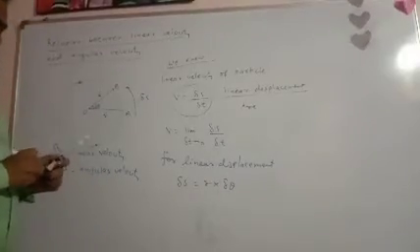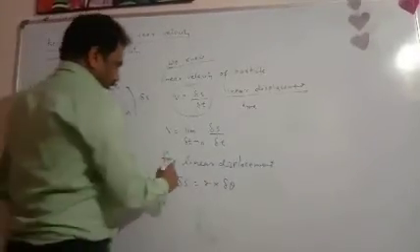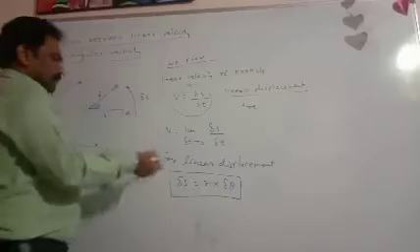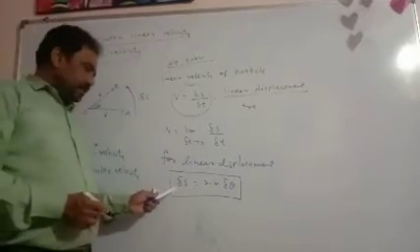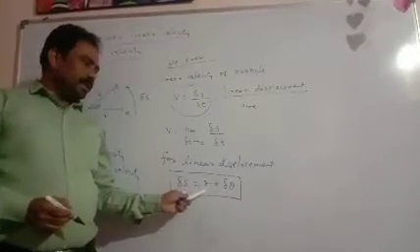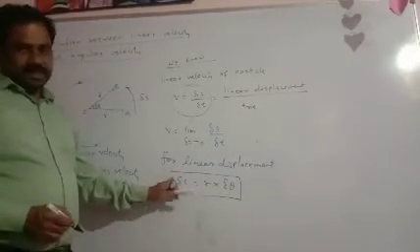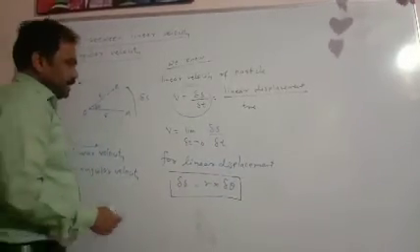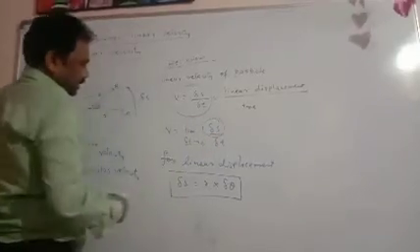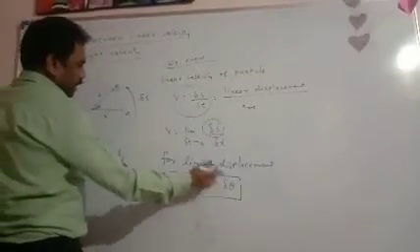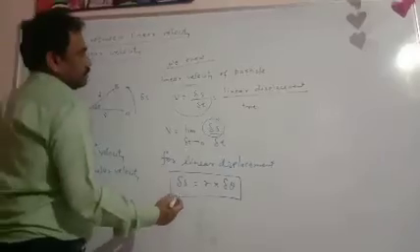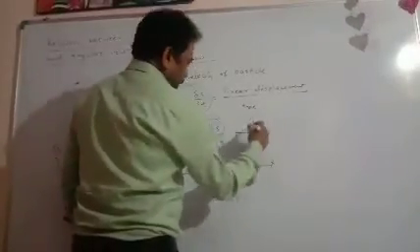That is, linear displacement is exactly equal to radius multiplied by angular displacement. So we can use this concept. Instead of delta S, we can write the value of r into delta theta. Suppose this is equation one.